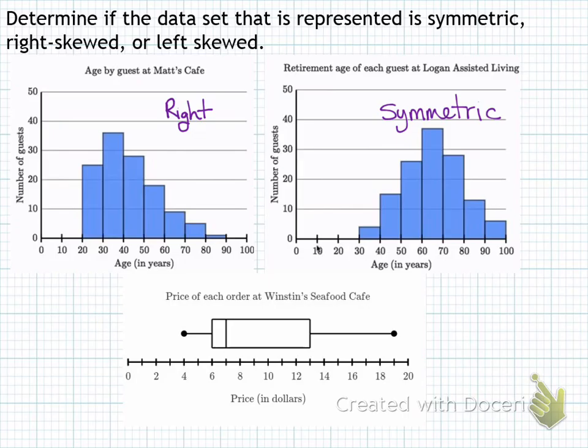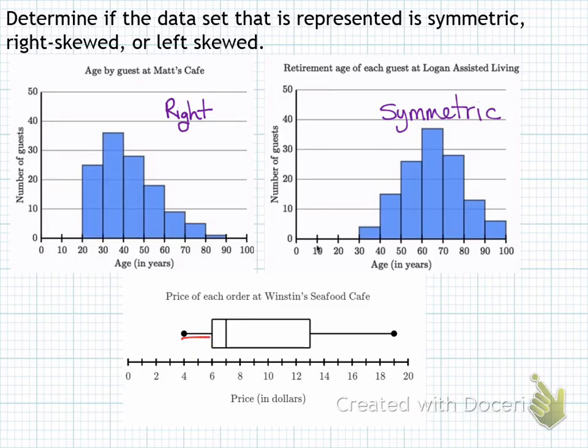So here for the box and whisker plot, we want to look at where the median and the mean fall. So remember, for a box and whisker plot, this represents the lowest 25% of the data. So say I surveyed 100 people, and these were the prices of their orders at this cafe.